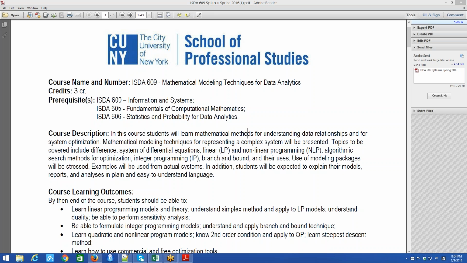So if we continue, we call this course math modeling. Math modeling itself is really a branch of applied mathematics, and it is considered to be part of optimization.